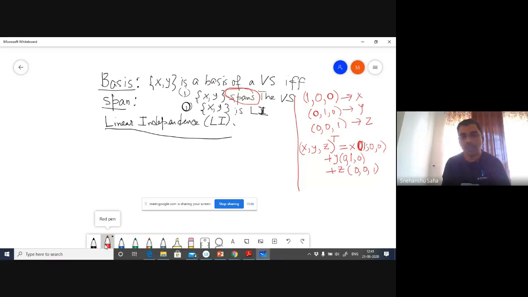Okay, all right. So can I say that 1, 0, 0, 0, 1, 0, and 0, 0, 1 spans the three-dimensional vector space R3? Can I say that?